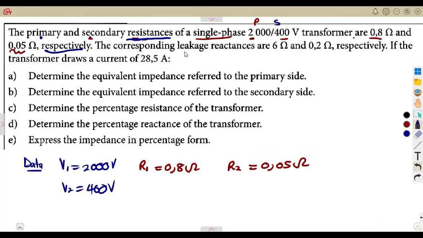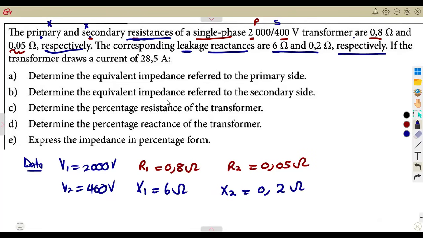The corresponding leakage reactances in the primary and secondary are respectively X1 of the primary, which is 6 ohm, and X2 of the secondary, which is 0.2.